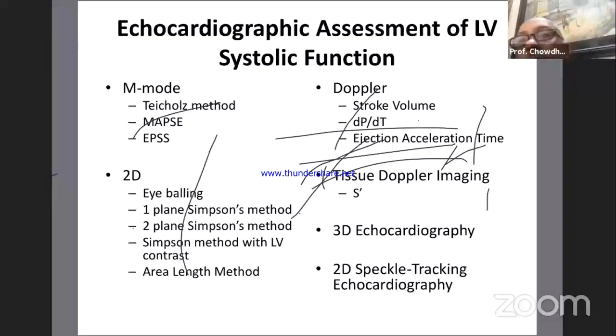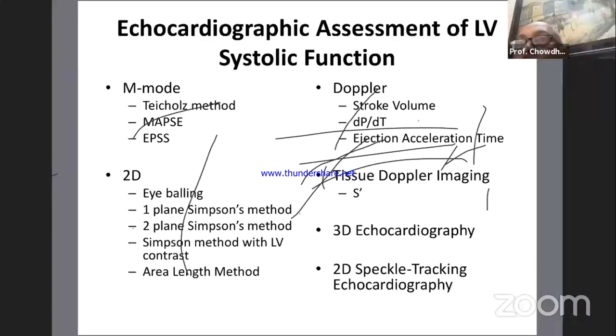But it is through our experience that we know what is going to be the ejection fraction, and eyeballing is probably the best method so far for day-to-day practice. And if we have a good endocardial border, then the Simpson method will probably give us an even better result.